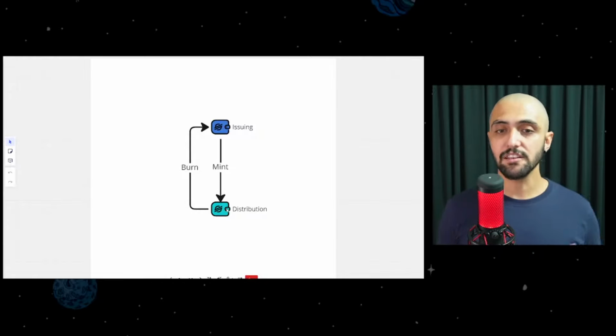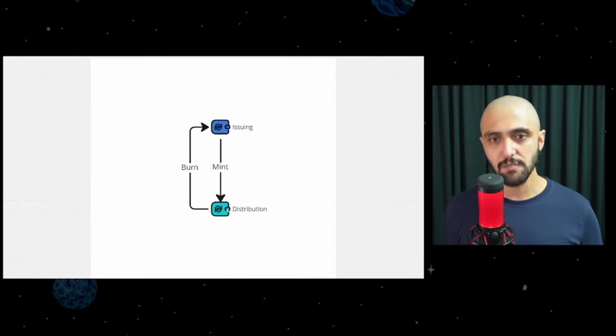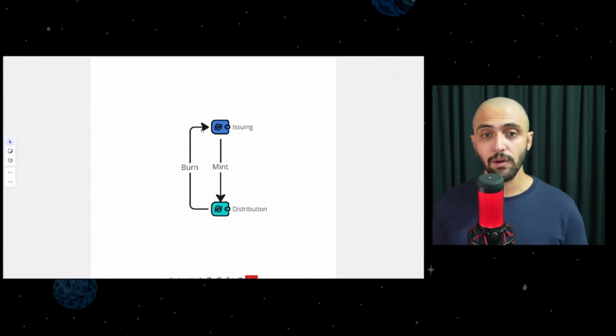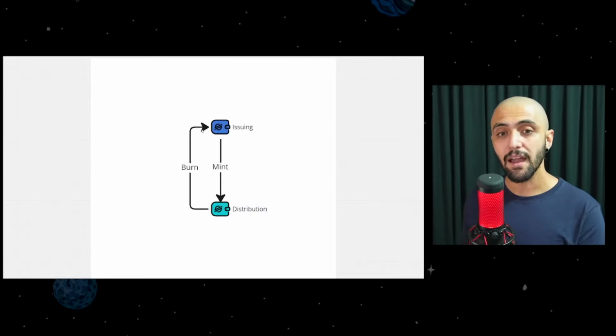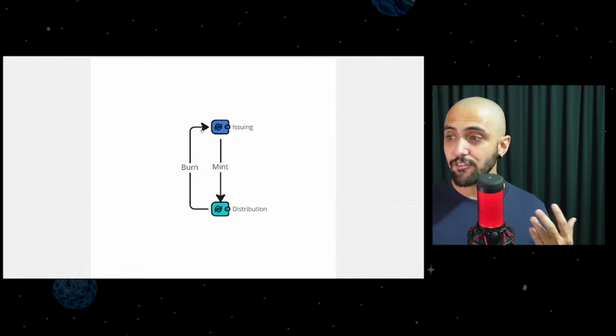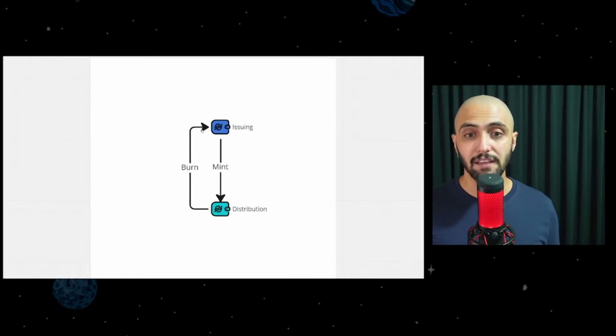And whenever the issuing entity wants to burn some units, it burns from the distribution account. This way, you isolate the supply management from the rest of the ecosystem, and you have autonomy to control your own supply. And after you manage your supply and you're ready to distribute your tokens, it's the distribution account that is responsible to distribute the token into the ecosystem.